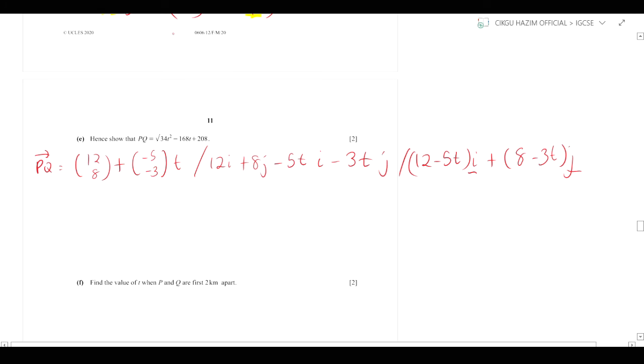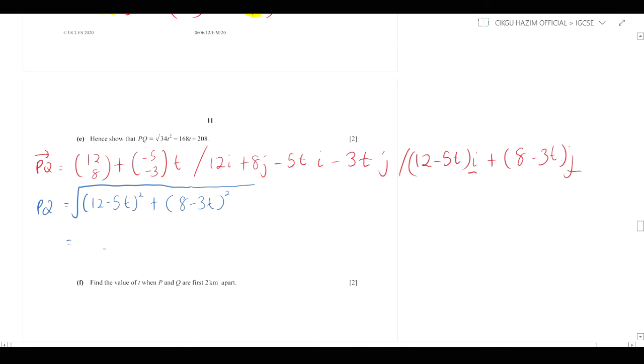After we know this, we can apply the magnitude formula, which is PQ equals the square root of (12 minus 5t) squared plus (8 minus 3t) squared. That's how we show it.